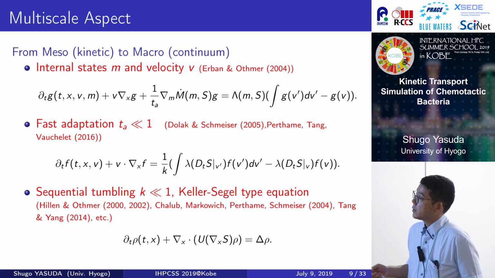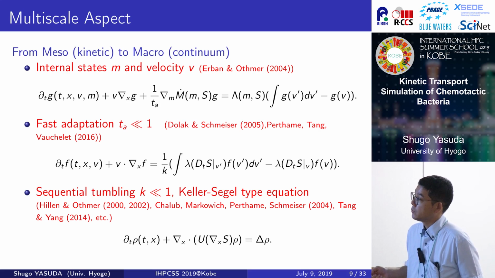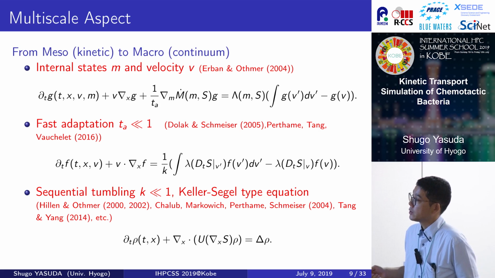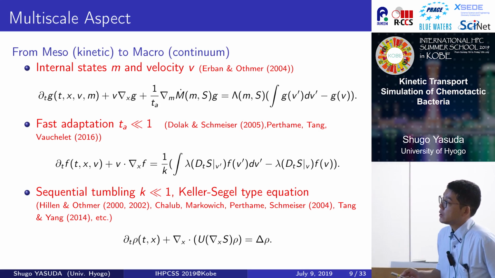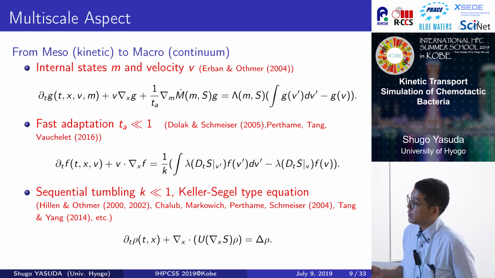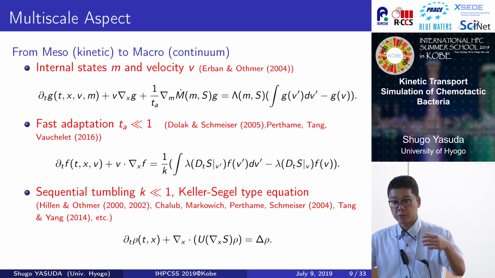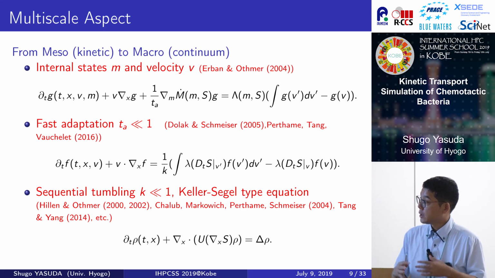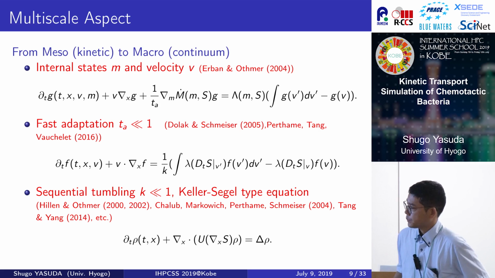Here they consider the density of bacteria with velocity v and with some internal state m. But when the dynamics of the internal state is characterized by this time scale T_A, the adaptation time, the bacteria adapt to the external chemical concentration field.